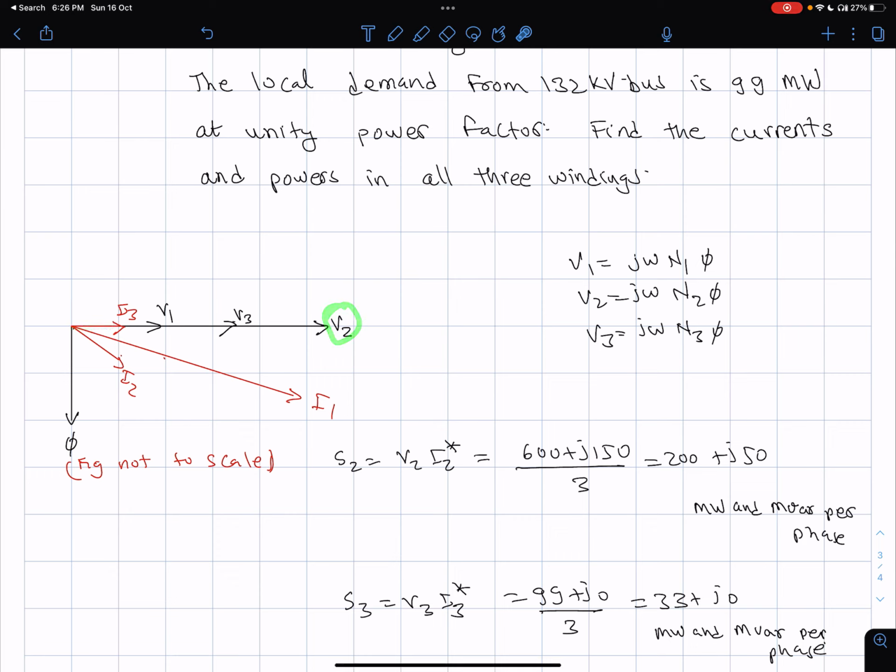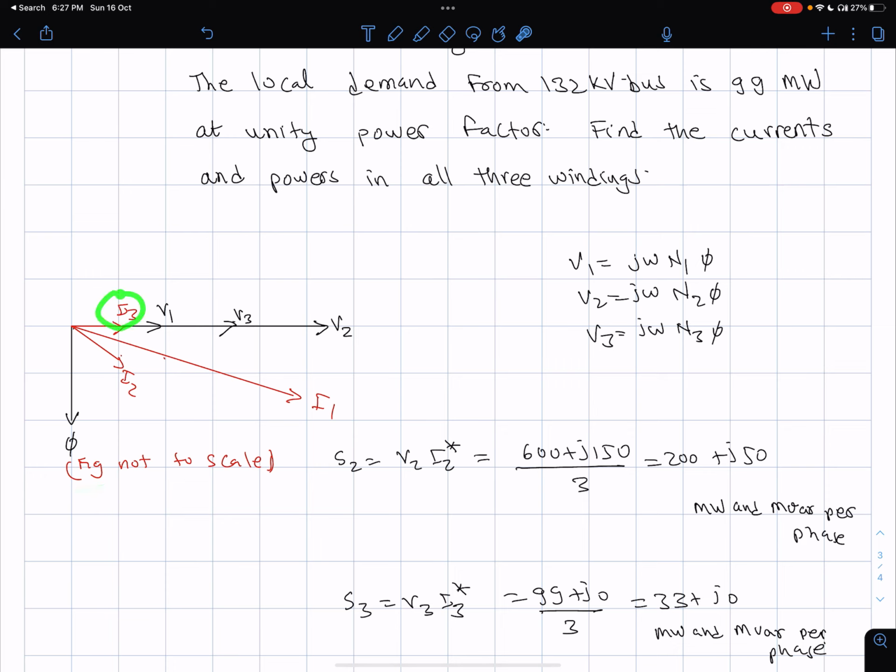V2 being the 400 kV side, I have shown it by the longest arrow. V3 being 132 kV, I have shown it by the next shorter one, and V1 being the 22 kV side, I have shown it by the shortest arrow. But of course, this is not drawn to scale.